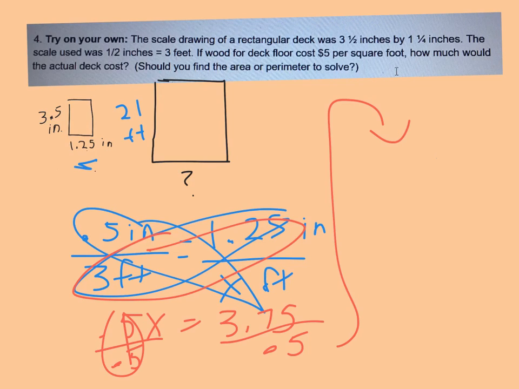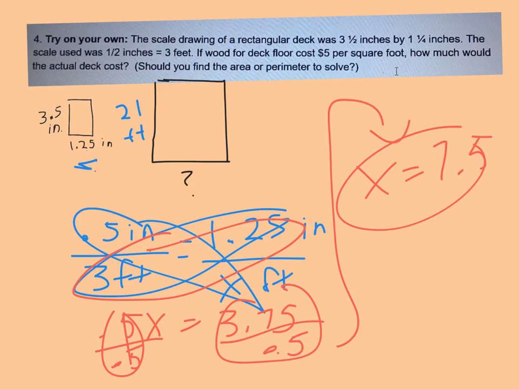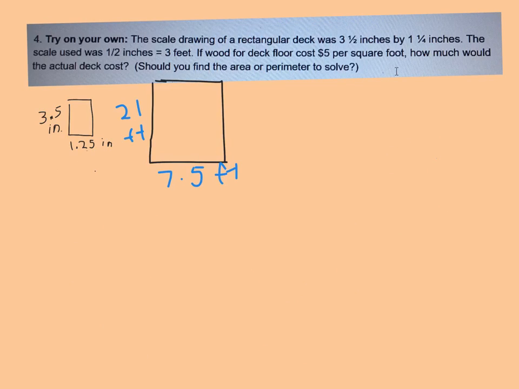So x equals 3.75 divided by 0.5 is 7.5. So that is the other side. So that goes here. So 7.5 feet, which I'm going to rewrite in my drawing. All right, so I have figured out the actual length and width of my deck floor.